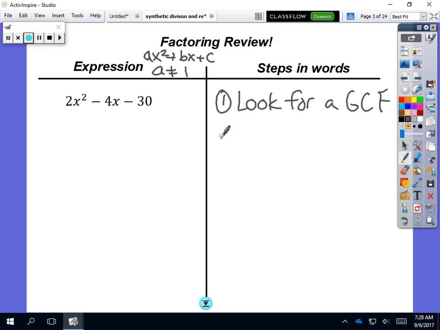So the second thing you would do is divide. Let's use a second color here. Divide by your GCF. So in other words, you're factoring out that GCF. So I'm going to divide all of these by 2.